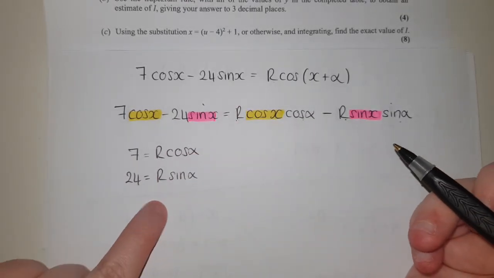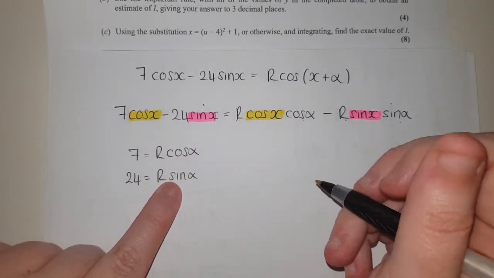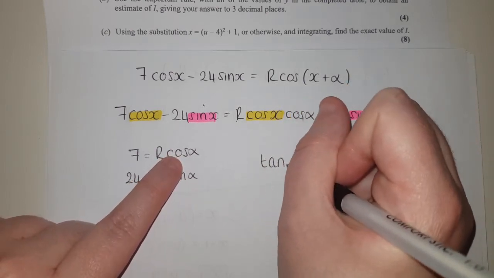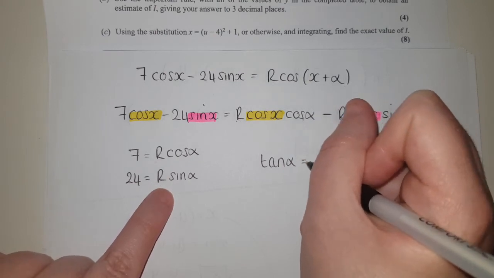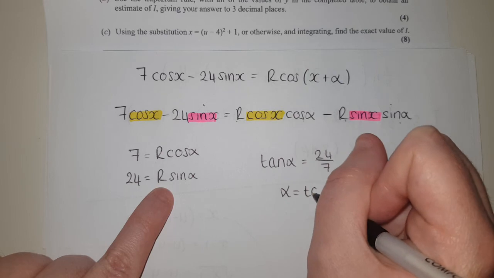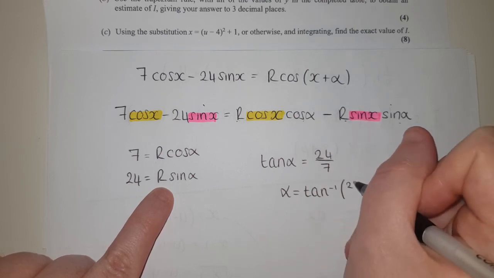So 2 things you need to do. To work out alpha, if I do the sine term divided by the cos term, I'd get tan alpha. The r's would just cancel each other out, equals 24/7. And so alpha is tan to the -1 of 24/7.